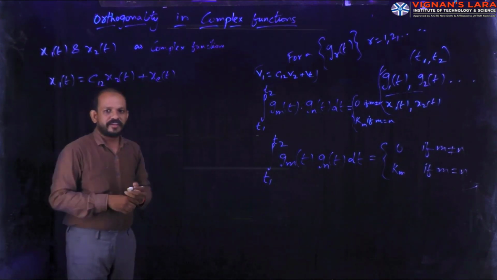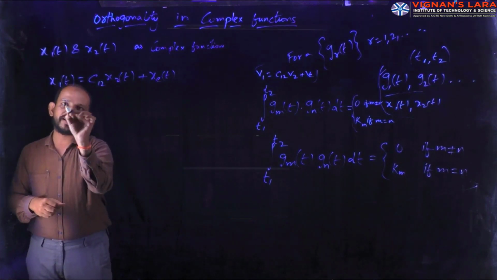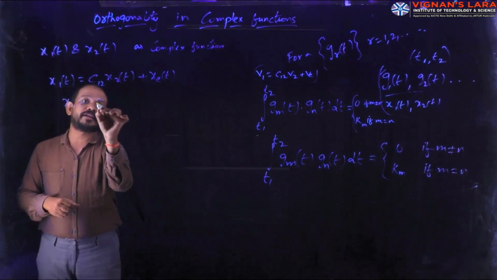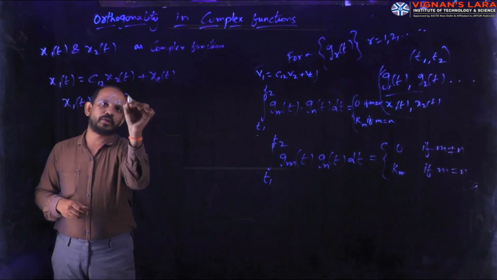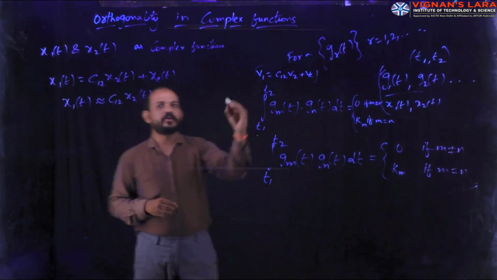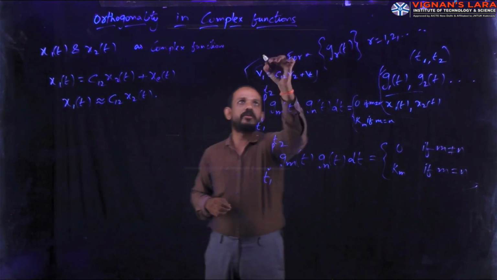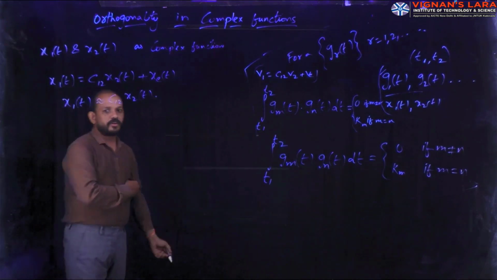So it's the exact representation. Now we go for the approximate. You can write it like this: x1 of t is approximately equal to, not exactly, approximately equal to c12 x2 of t. These are all regarding the real functions. So this is regarding orthogonality in complex functions.